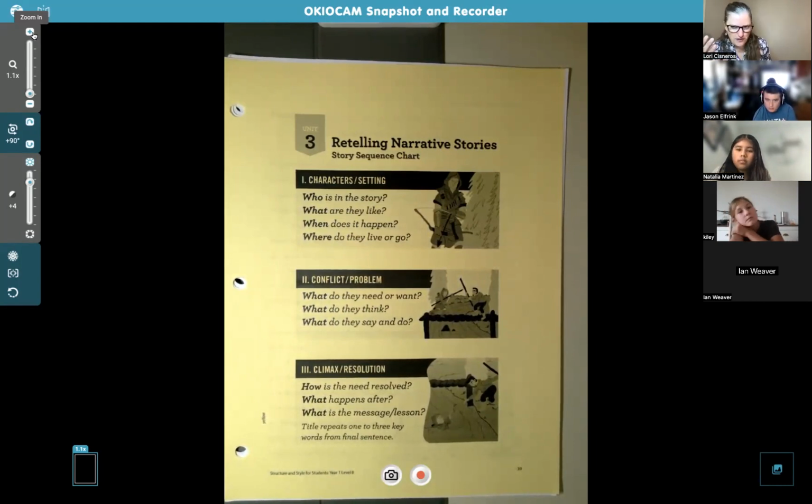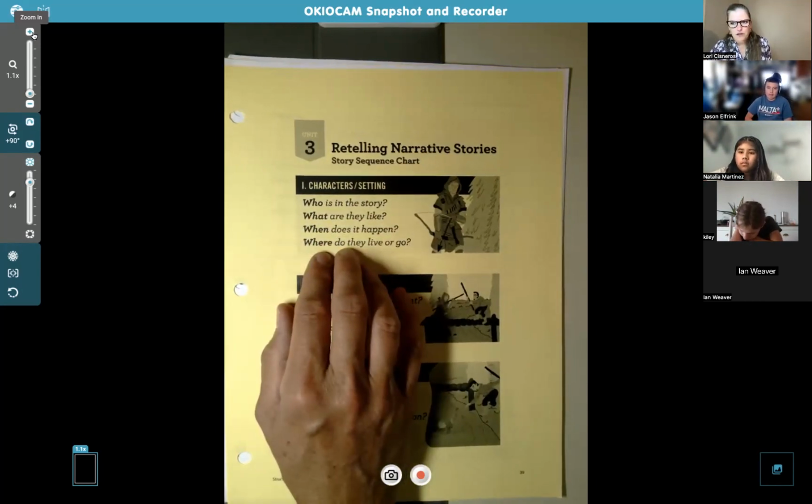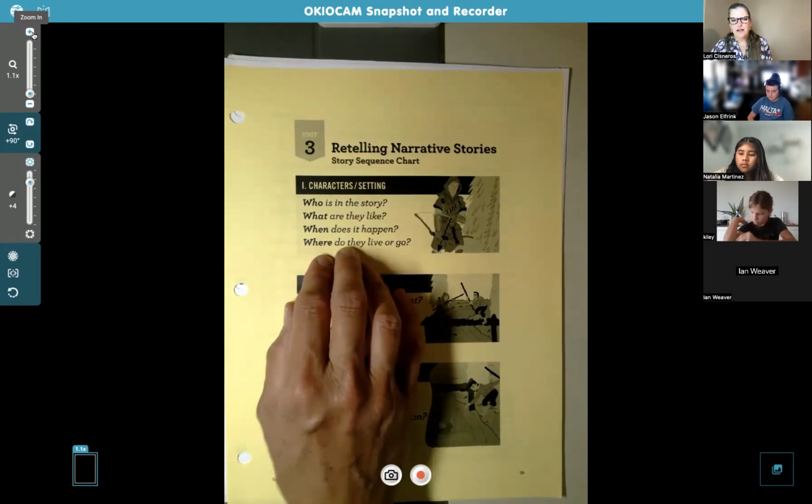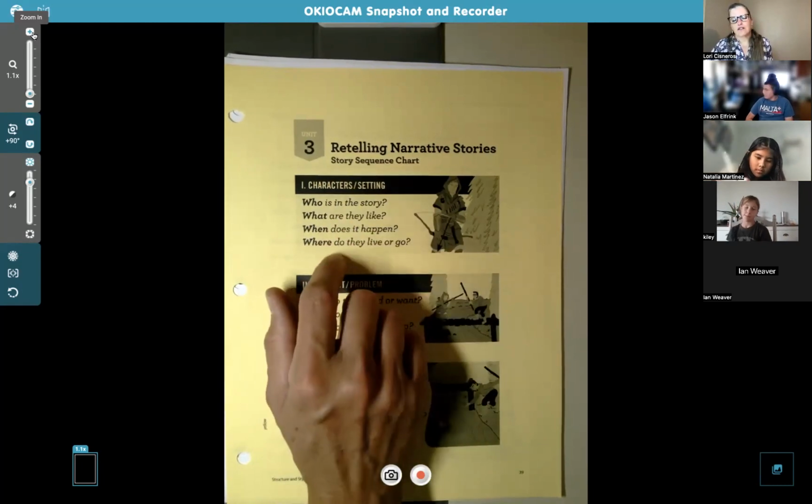And the action figures are the characters of this team, this Kung Fu team, right? And so right at the very beginning of the movie, they're introducing the characters in the movie. That's a good example because that's what we do in our writing too. When we're writing a story, like a fiction story, a made up story, that's usually how we start.